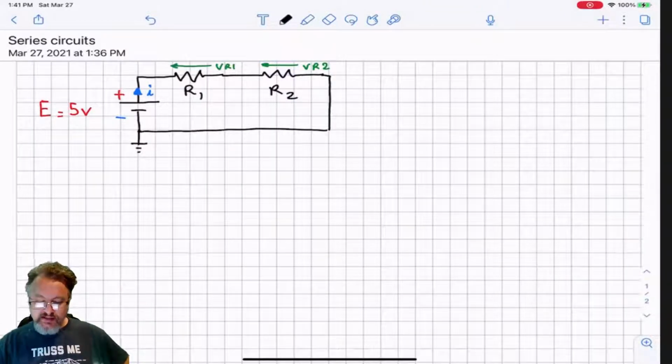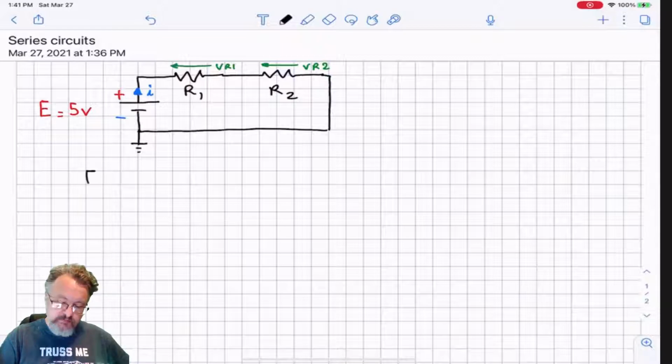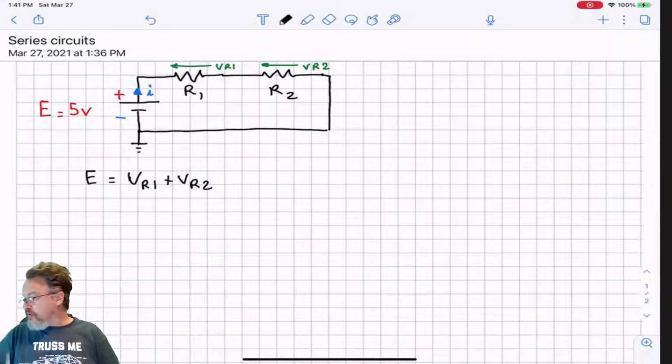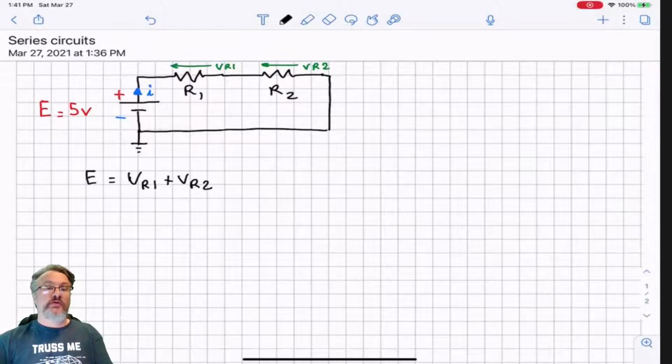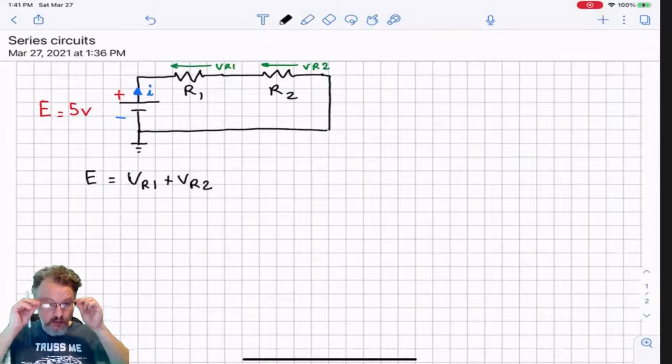And you realize that when we measured things, E was equal to VR1 plus VR2. Another way of writing that down would be to say that the sum of the source voltage is equal to the sum of the load voltage.